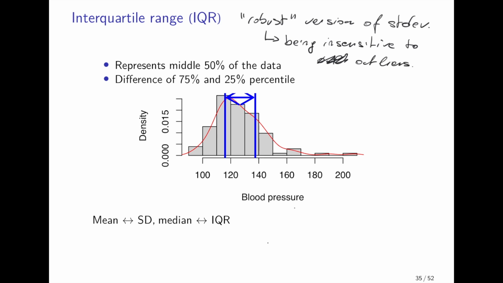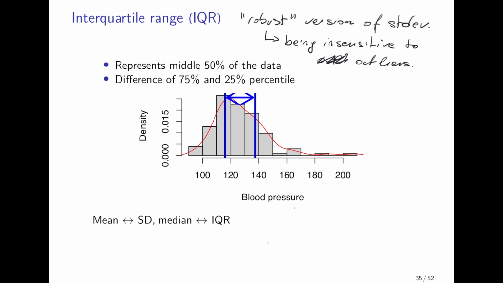And this is a bit similar to the fact that we had the mean and the median, and the mean was sensitive to outliers, whereas the median wasn't. So here too, when it comes to measures of spread, the standard deviation is sensitive to outliers and the interquartile range is not.